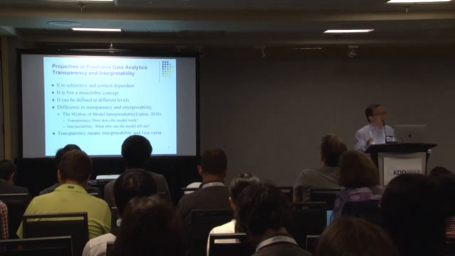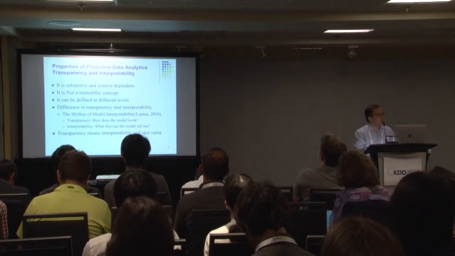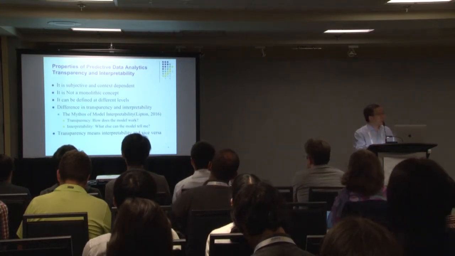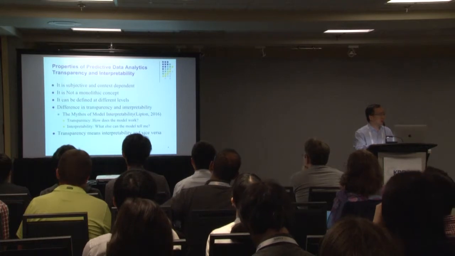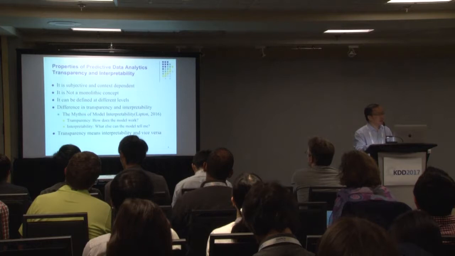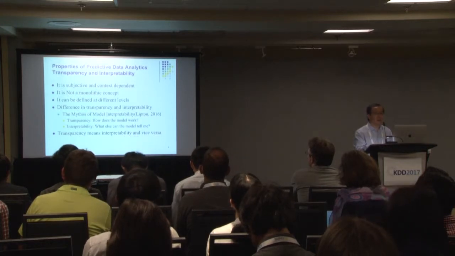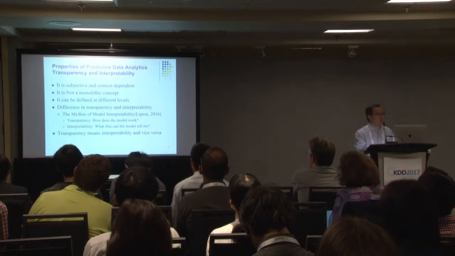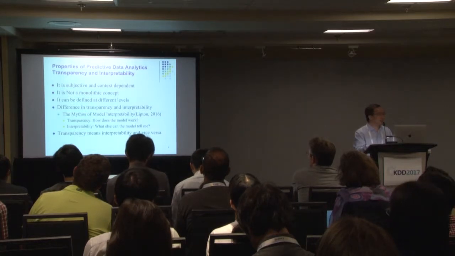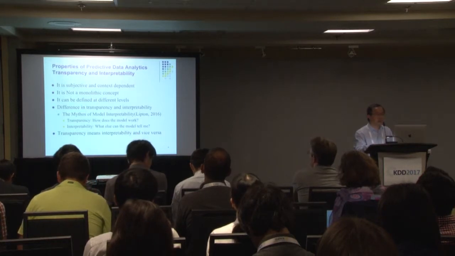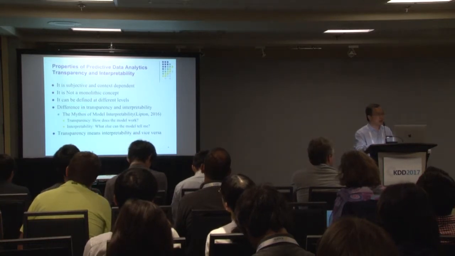If we look at this concept of transparency and interpretability, it's actually a pretty complicated concept. It's definitely subjective and usually context dependent. It's not just a single concept. It may be defined at multiple levels. And there's also a discussion about the relationship between transparency and interpretability.